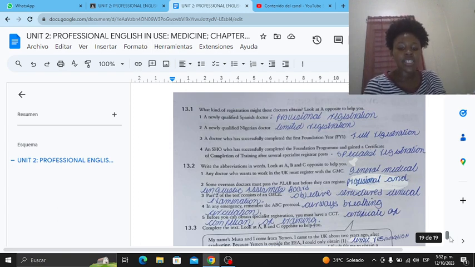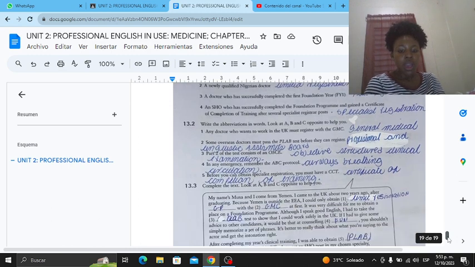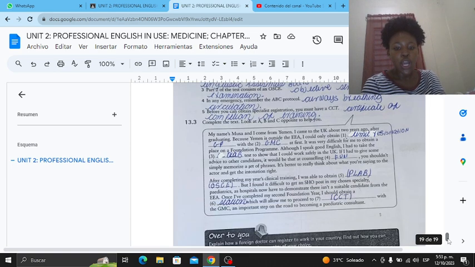In any emergency, remember the ABC protocol: airway, breathing, circulation. 5. Before you can obtain specialty registration, you must have a CCT, Certificate of Completion of Training.